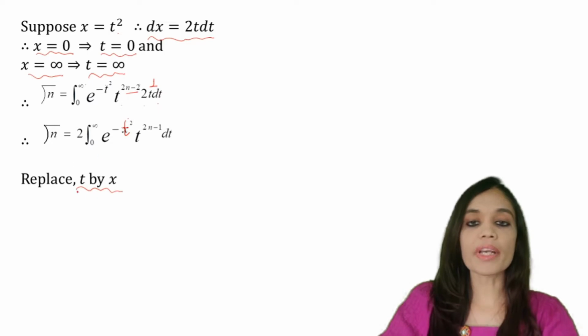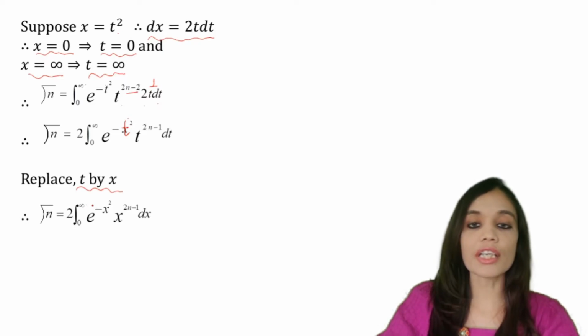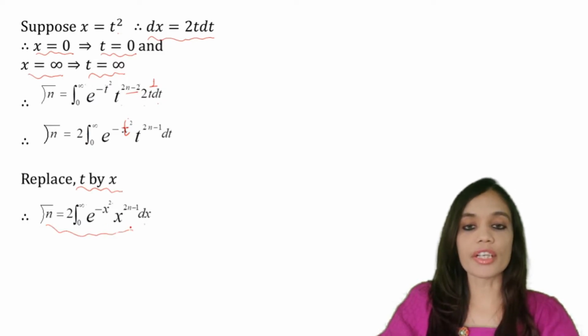On replacing, you will get gamma n as 2 times integration 0 to infinity e raised to minus x square, x raised to 2n minus 1 dx. So this is known as the alternate form of gamma function.